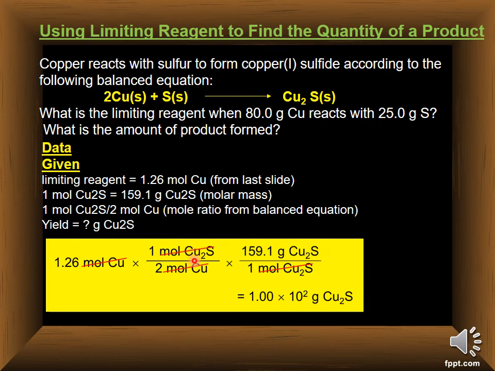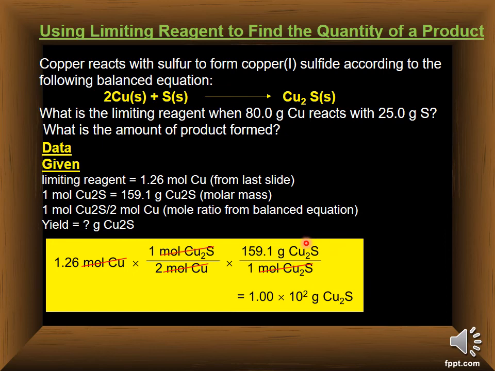Now 1 mole of copper 1 sulfide needs 2 moles of copper. This is the mole ratio. So moles of copper cancel, but we don't need the moles, we need the mass in grams. So moles of copper 1 sulfide is given here now, because you are converting moles to grams. So write down moles of copper sulfide. What do you need? Yes, grams of copper 1 sulfide.